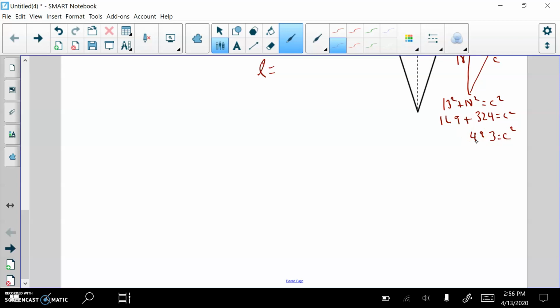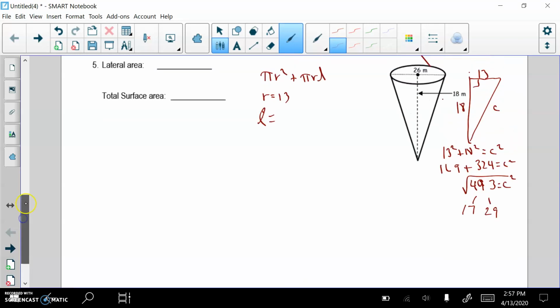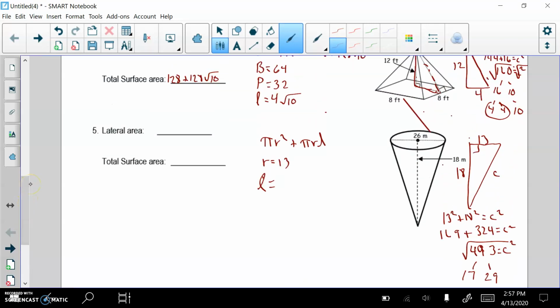So, is 493 divisible by anything? I honestly don't know. So I paused my recording to play with my calculator a little bit, and it ends up that it's divisible by 17 and 29, but since both of those are prime, we go back, and the slant is square root of 493.